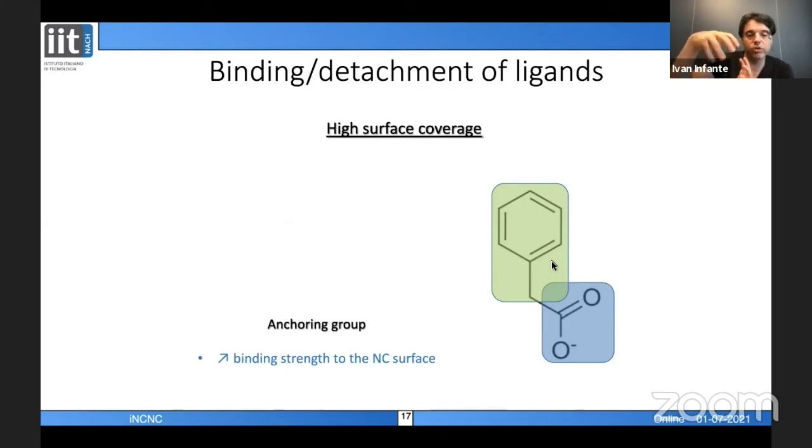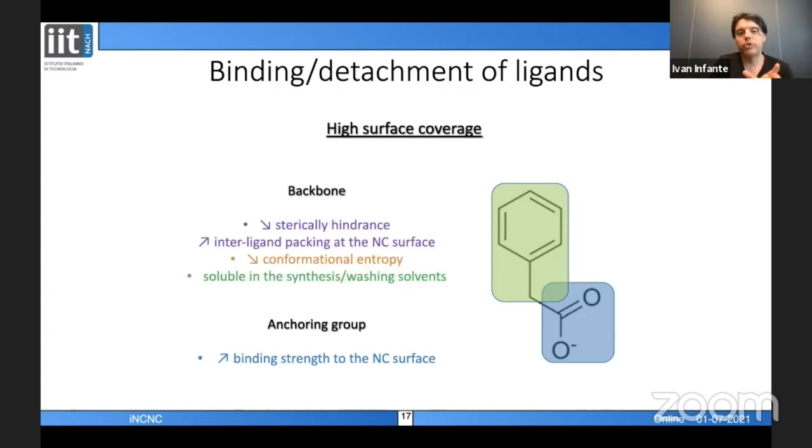But you can also make the system not very bulky, so that you also prevent the bulkiness term from becoming too important, to not let the steric interaction become too important at high surface coverages.